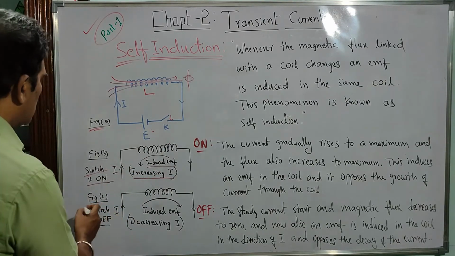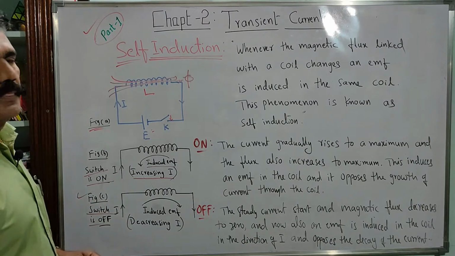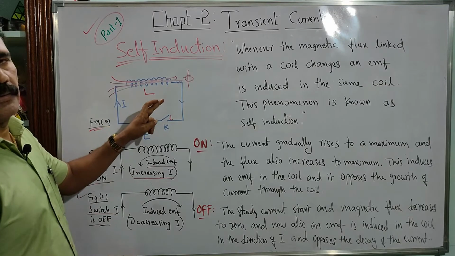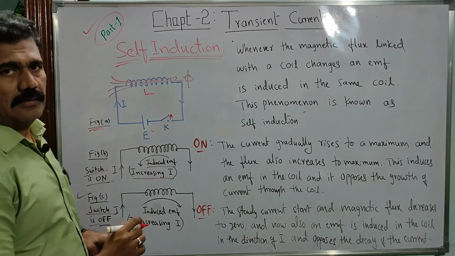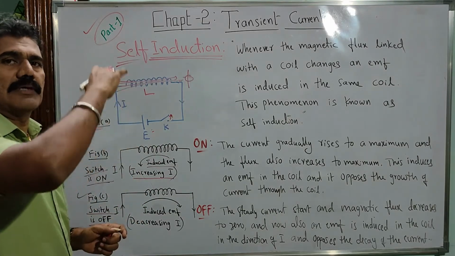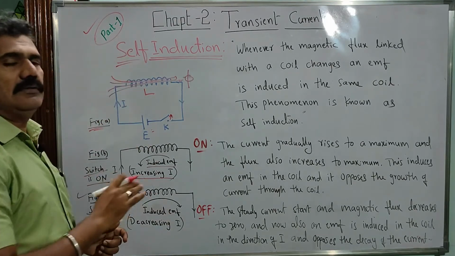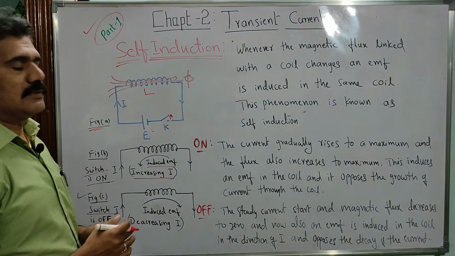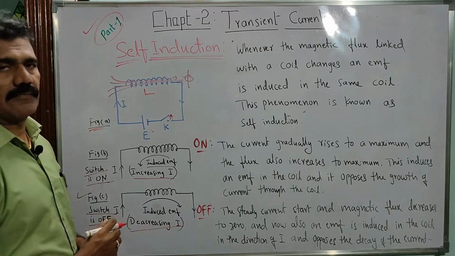Similarly, look at figure C, in which the switch is off. The moment you open the key, the current has to decrease from the maximum, the steady value already reached. From that steady value it starts decreasing to 0. Consider the decreasing part of the current now.